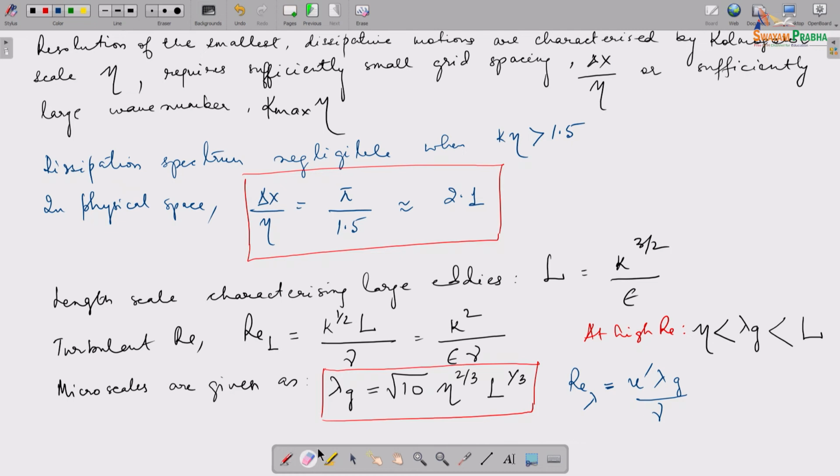Okay. Right, U_eta times eta by mu, right: Reynolds number, velocity, length scale and coefficient of viscosity, right, and this is actually equal to, that is an important result.